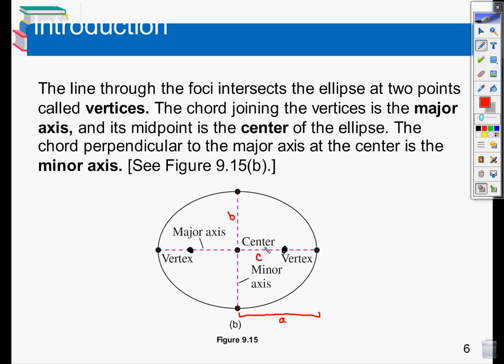Now the reason some of these things are going to be important is the way that they relate to each other. And what you might be able to see is this little triangle that's being formed here, if I draw a specific line to this point from the foci.